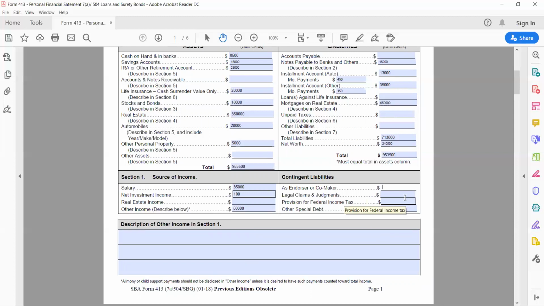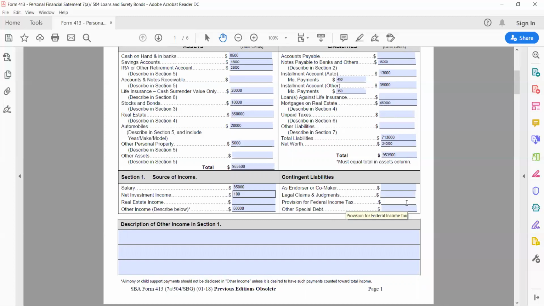Contingent liabilities, as an endorser or co-maker on a note. So is this something where I borrowed money, my spouse borrowed money, a friend, a relative, that there's formal papers that were drawn up? My party to a lawsuit, any claims, legal judgments would go here. Provisions for federal income tax.